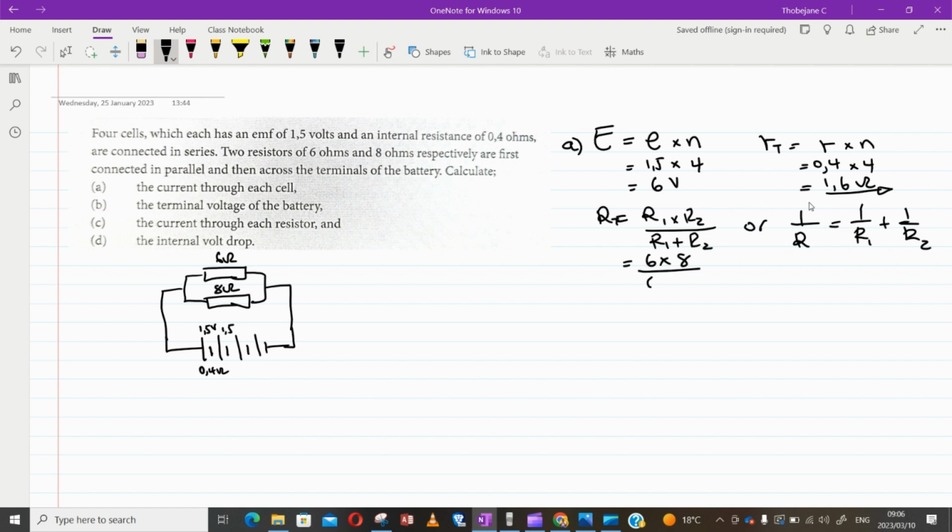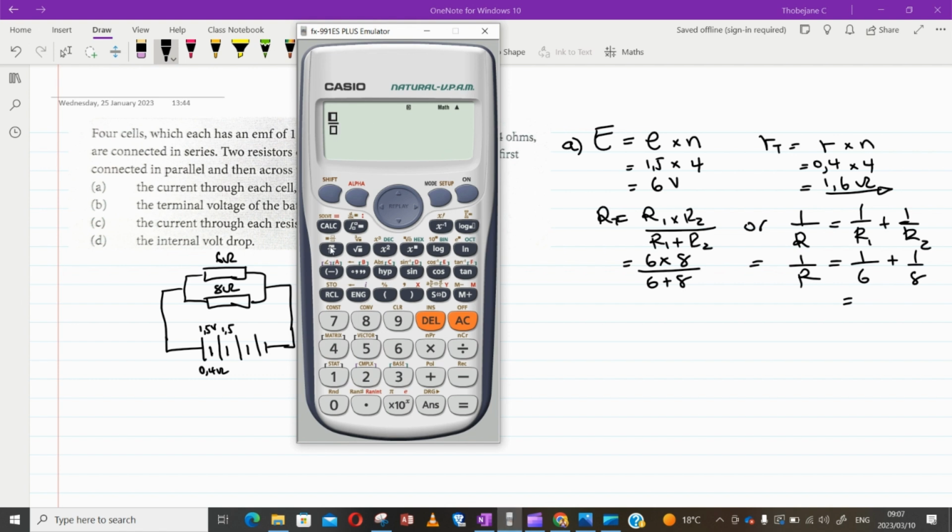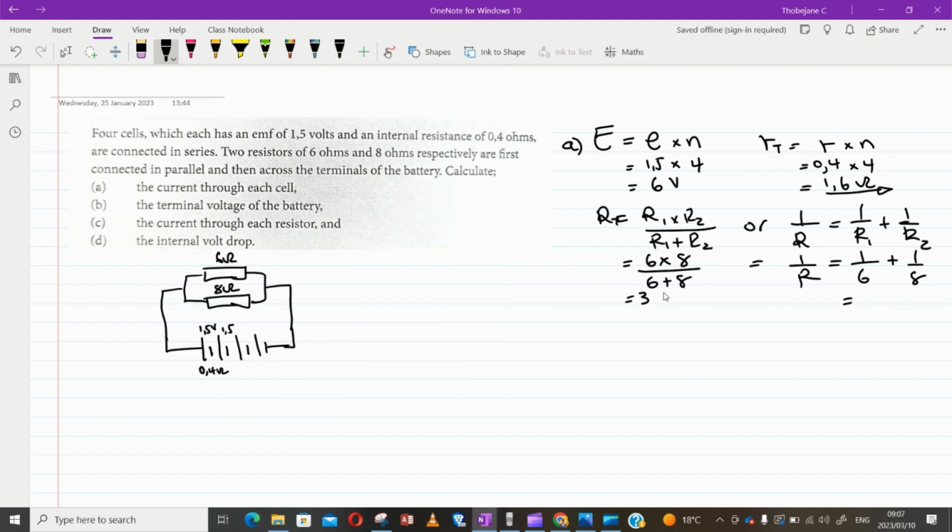It's going to be 6 times 8 over 6 plus 8. On this side it's going to be 1 over 6, 1 over 8. So when I punch on my calculator, 6 times 8 over 6 plus 8, this gives me 3.429 ohms. You can then work this out, but because of time, I can't work that out because we need to move to the finish line.